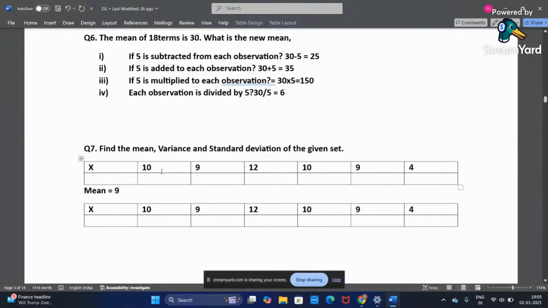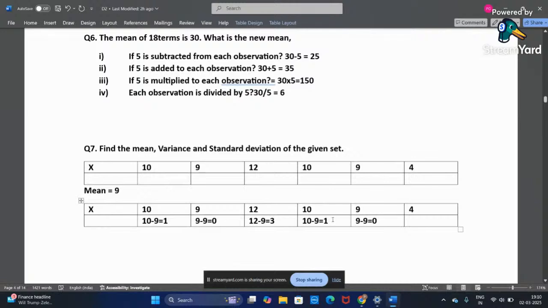10 minus 9 is 1. In the same way, 9 minus 9 is 0. 12 minus 9 is 3. 10 minus 9 is 1. 9 minus 9 is 0.